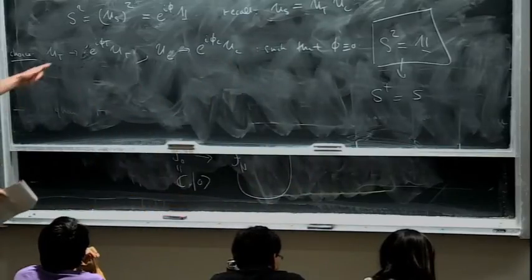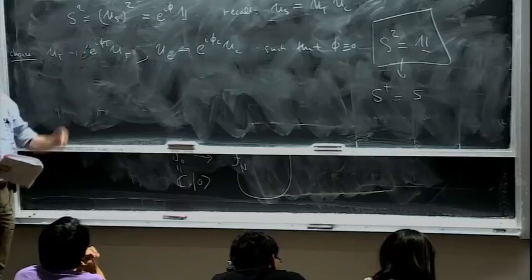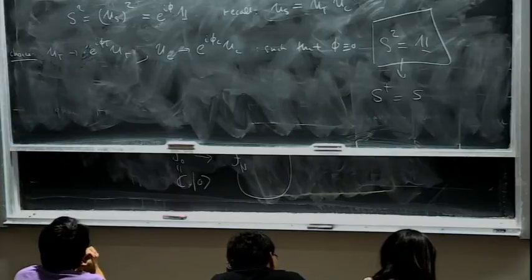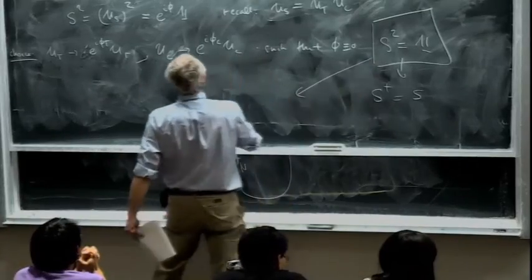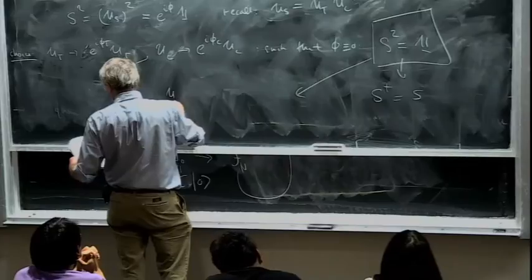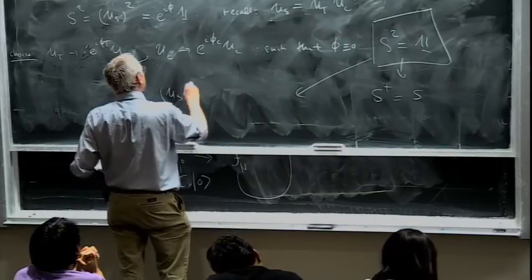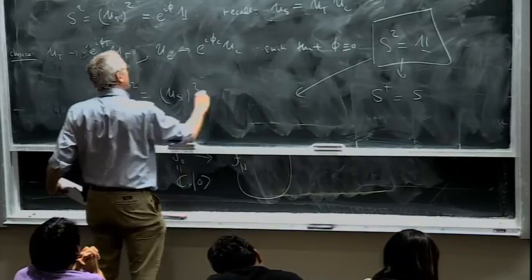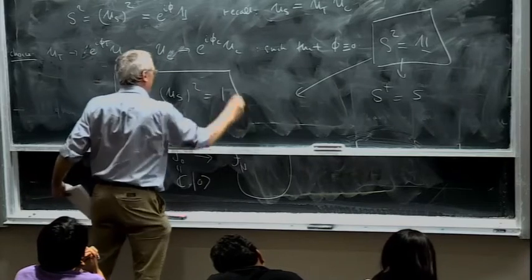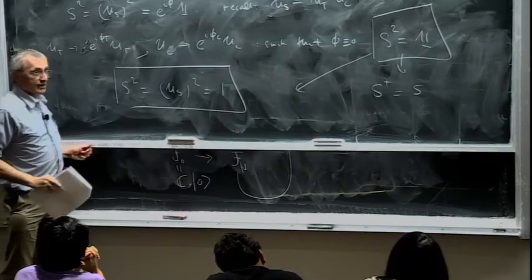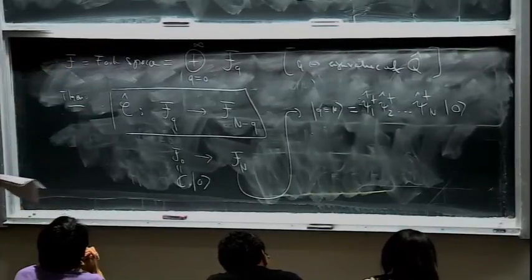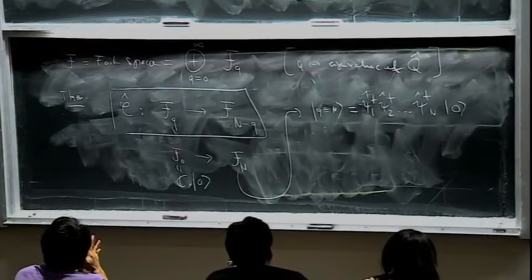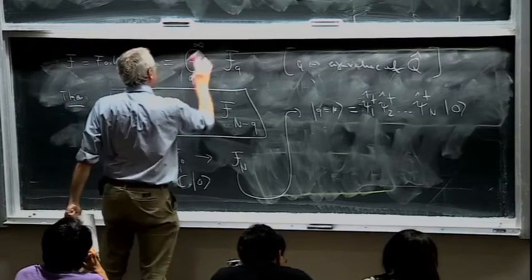So that's up to us, and we will make that phase choice. It's a good choice to make. It simplifies life. And then US squared is 1. And so whatever we'll do now, we will make the arguments with this phase choice.